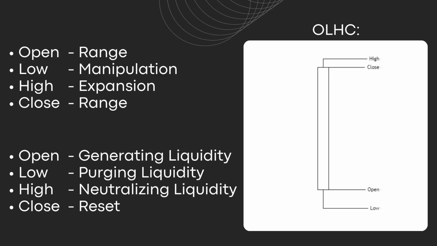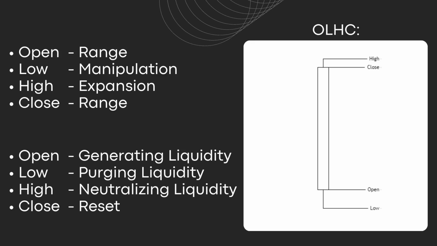And with that, it's going to do two things. First of all, during the manipulation profile, it's going to test a higher time frame key level, and second, it's going to rebalance a dealing range, or an expansion swing on a higher time frame, right? These are the two things that it will do after liquidity is generated and then purged.